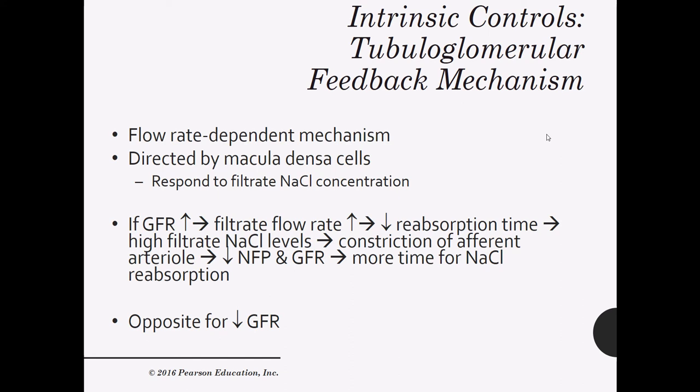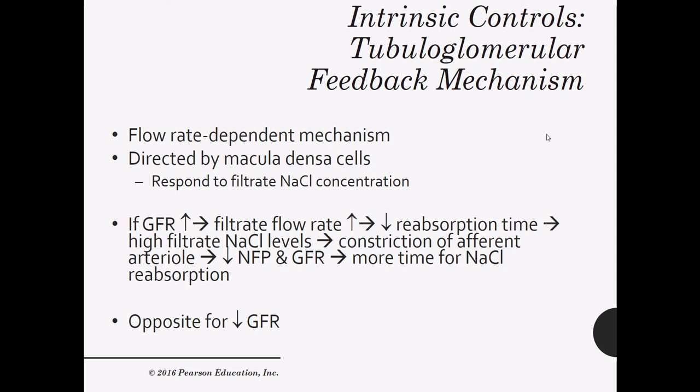That higher salt concentration is sensed by the cells of the macula densa, and that leads the afferent arteriole to constrict, which then decreases the net filtration pressure, which then decreases GFR, decreases the rate of the flow, and allows more time for the sodium to be reabsorbed. And so that gets us back to normal. The opposite would happen if you had a decreased GFR. If GFR went down, the rate of flow would go down.